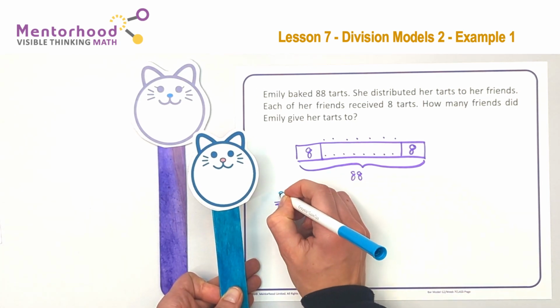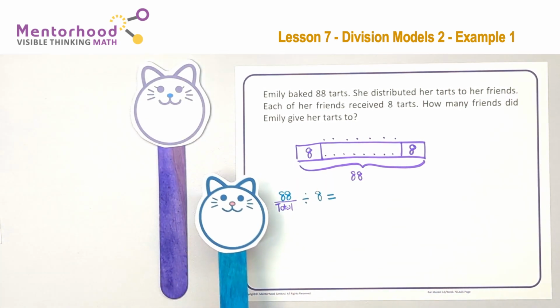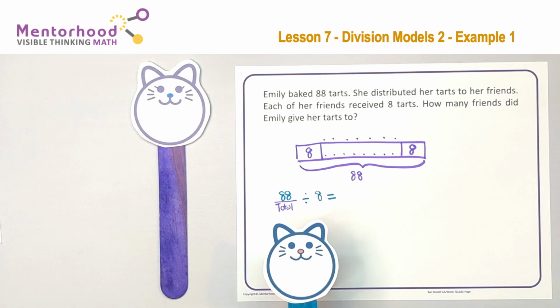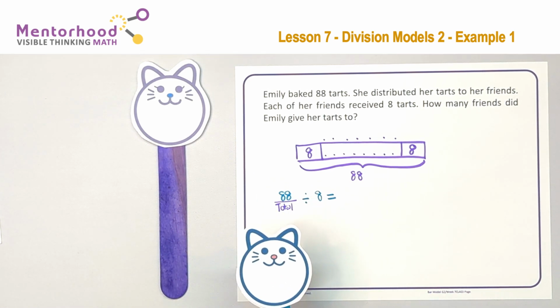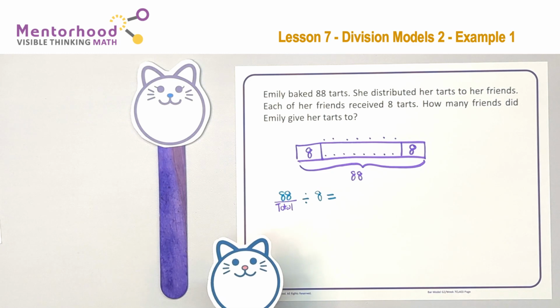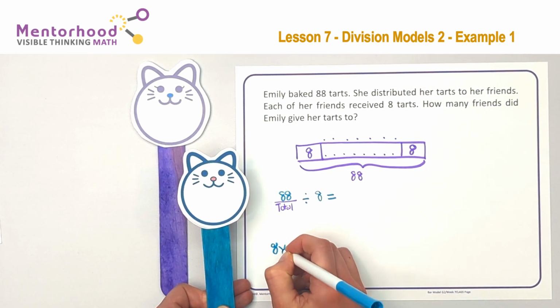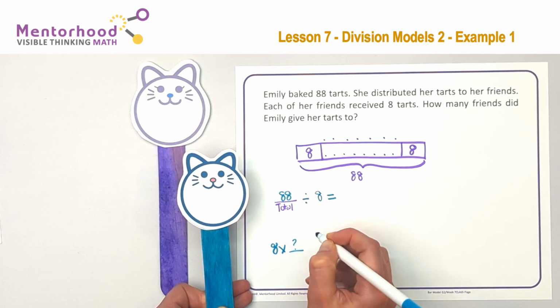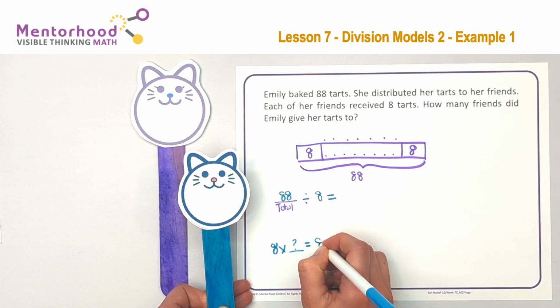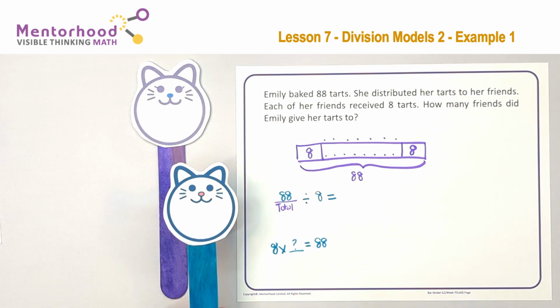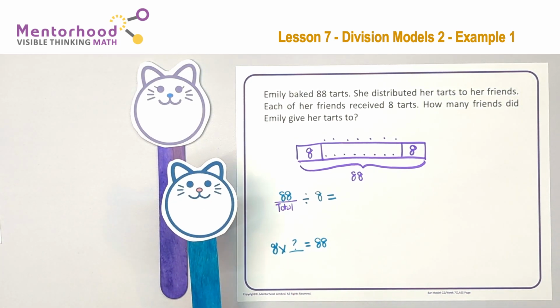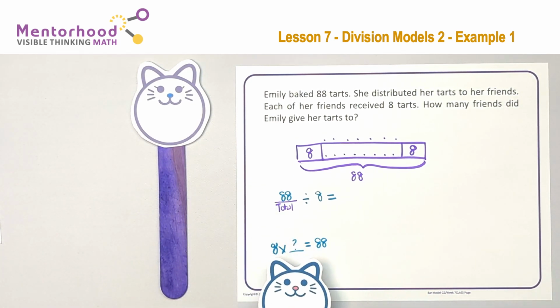So 88 divided by 8 equals, that's kind of tricky. Maybe I will use multiplication to help me figure it out. 8 times what number is going to give me 88? Or how many times do I have to count by 8 in order to get to 88?